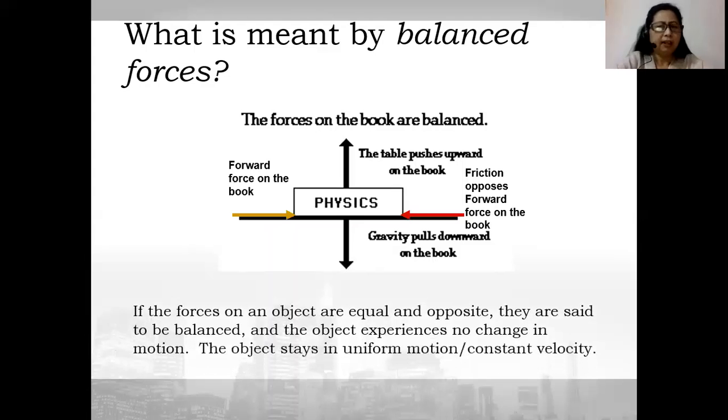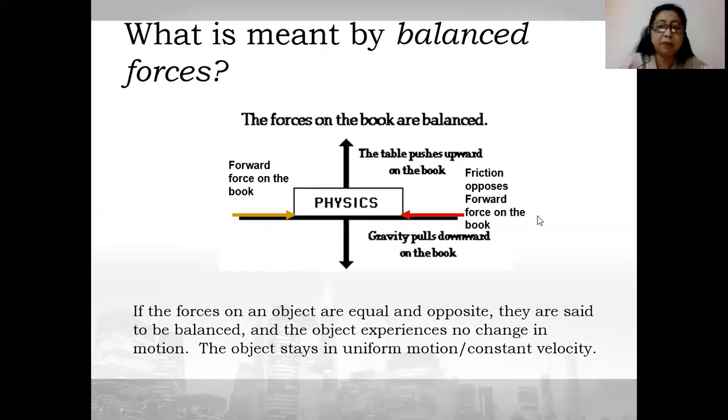Now, what if the object is moving? Can we say that the forces are balanced? If the forces on an object are equal and opposite, so equal, the normal force is equal to the gravitational force, and they are opposite in direction. The frictional force is equal to the forward force, and they are opposite in direction.